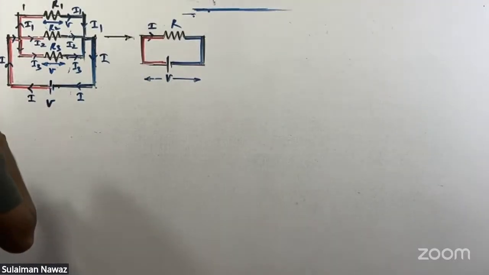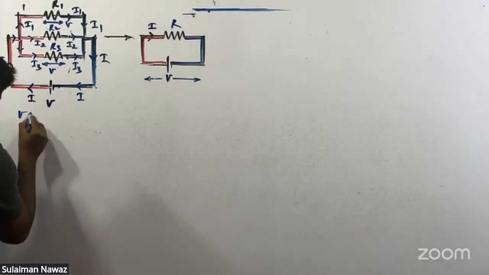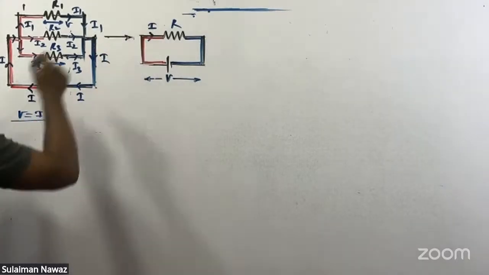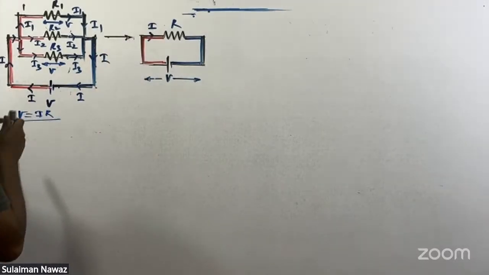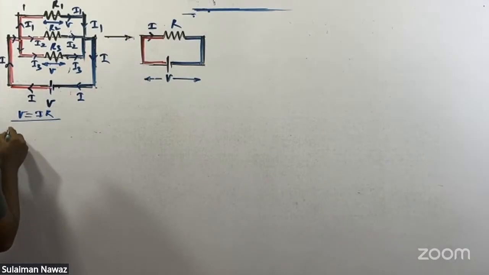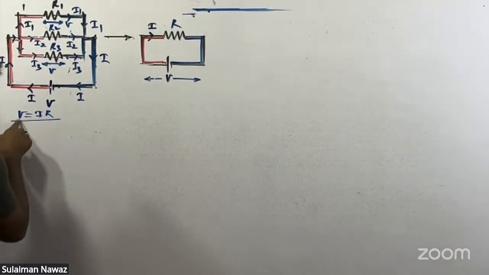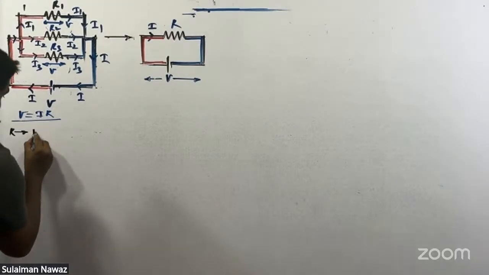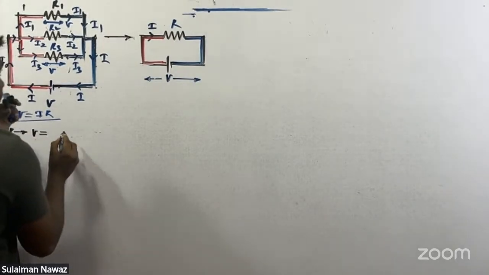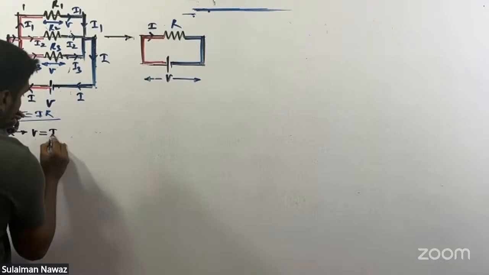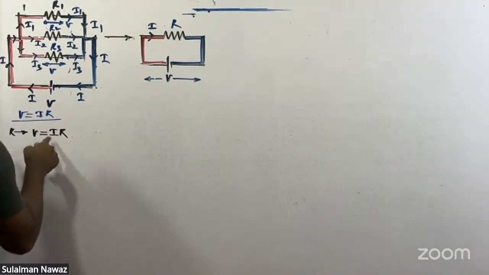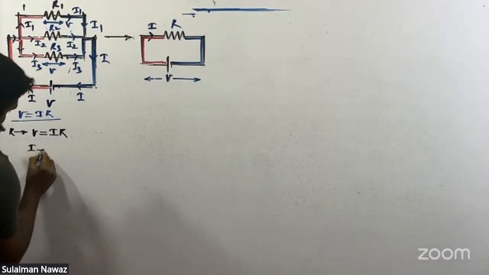Apply V equals IR for the equivalent resistor. The potential difference across the equivalent resistor is capital V, the current passing through the equivalent resistor is capital I, and the equivalent resistance is capital R. So substituting capital I, capital I is going to be equal to V over capital R.